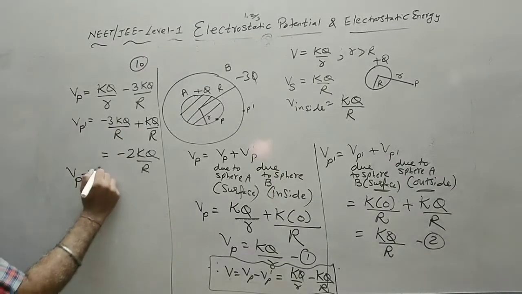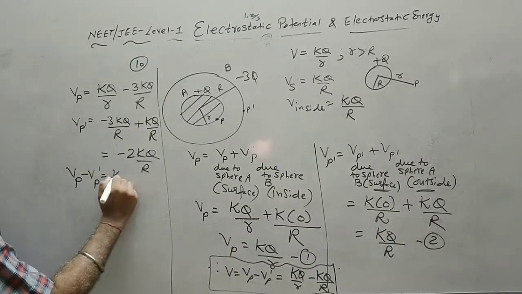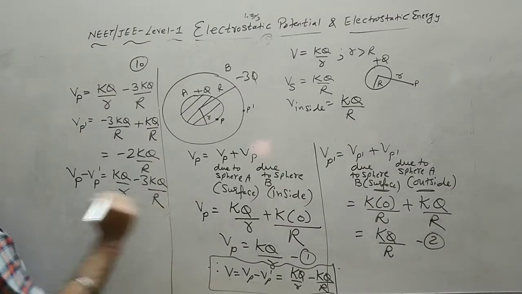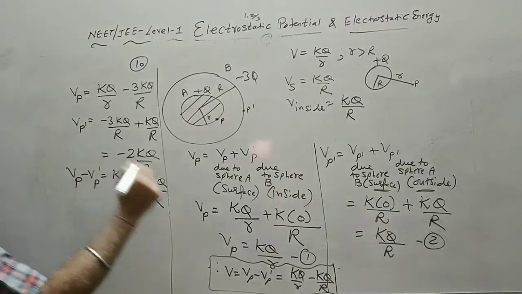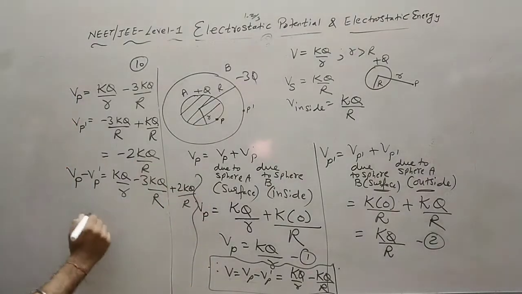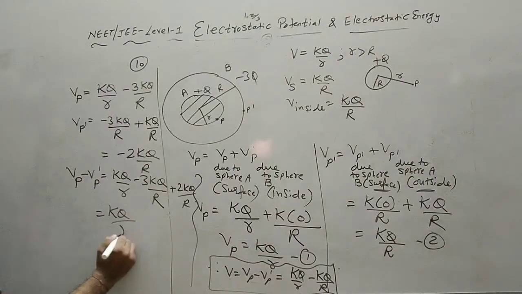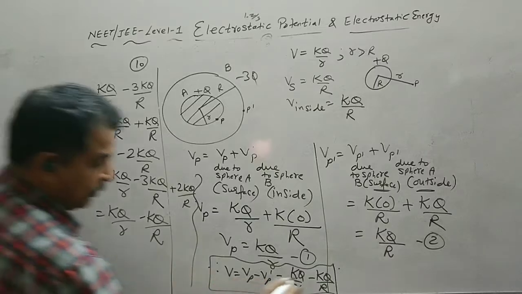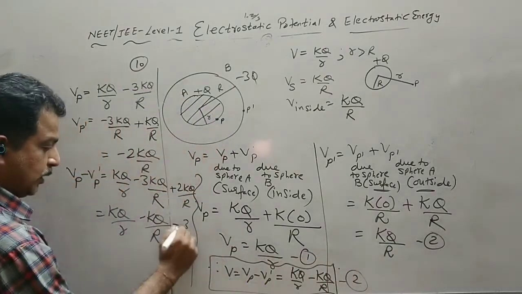Vp minus Vp dash is equal to kq by r minus 3kq by capital R, then we have minus sign, this minus plus 2kq by capital R. So it becomes kq upon r minus kq upon capital R. So if this is your equation 2, this is equation 3.